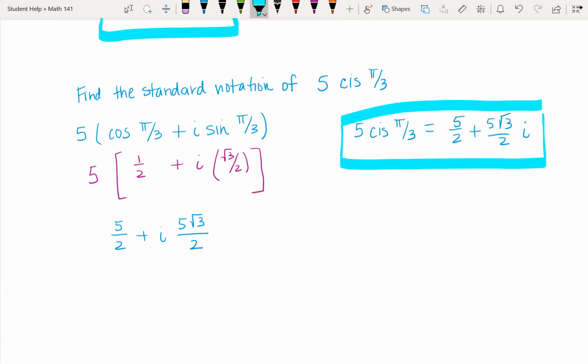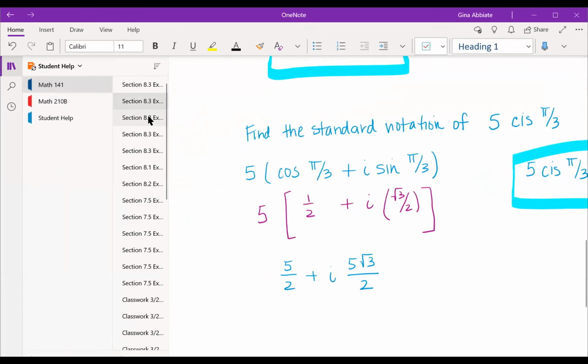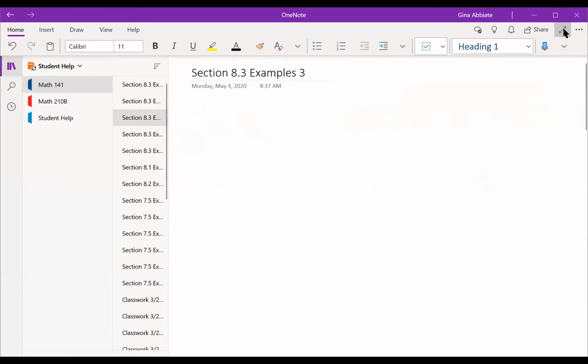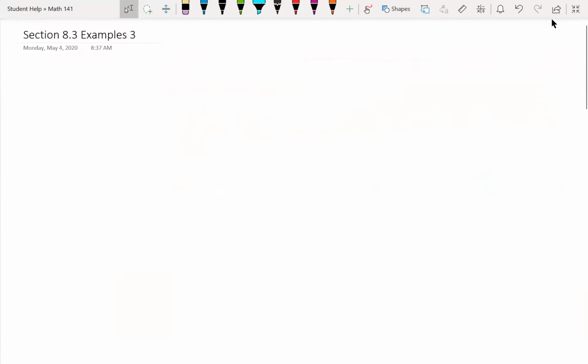For our next examples, we are going to look at multiplying and dividing these numbers together. And so we have a couple of formulas to consider. I'm going to talk about the formulas first before I get started. We're going to consider two of these trigonometric numbers, and I'm going to denote them with subscript.